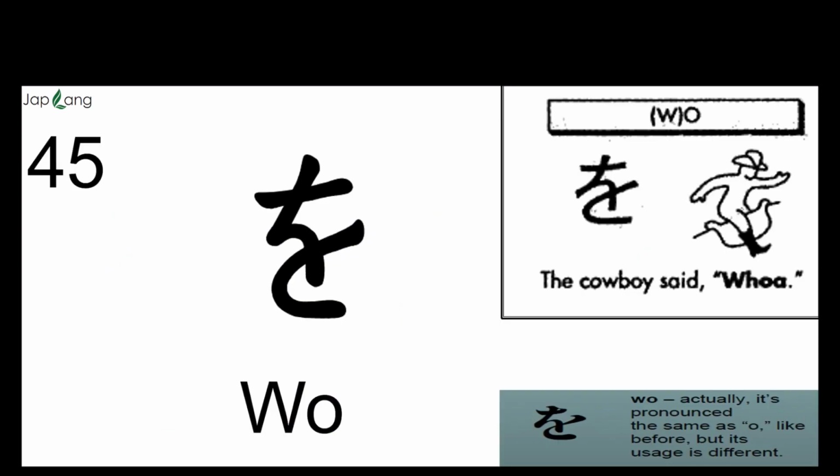O. So o is actually pronounced as o, same as the o before, but it has different uses. O. The cowboy said wow, so that is wow. Yeah, so please be careful, pay attention, it's not the I-U-E-O o, that's a different o. O is a particle, we'll be learning this when we start a chapter.